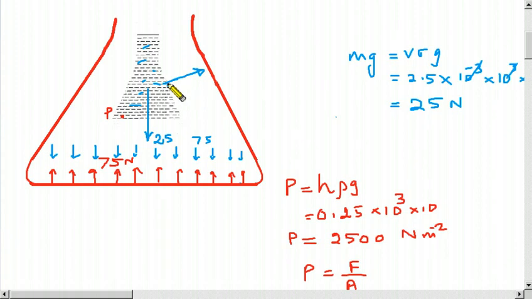That force must be perpendicular to the surface, because that force is created by the pressure. There is a certain pressure at these points, even at these points. The pressure gradually increases when you go down, and it decreases when we go up. But however, there is a certain amount of pressure.